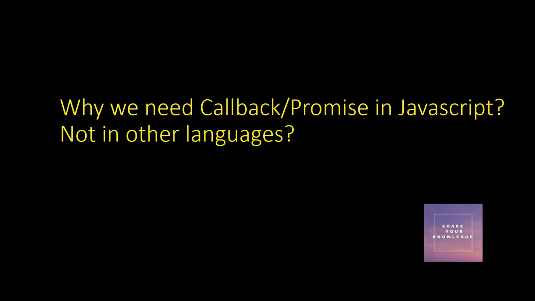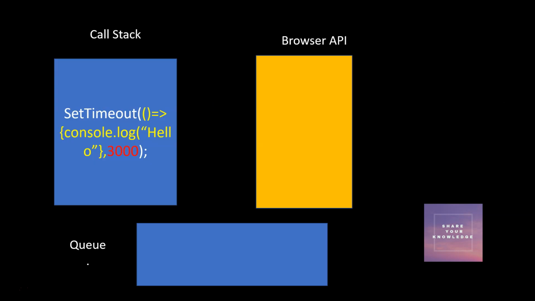Let me also try to make you understand with a simple example. Here I have setTimeout, and whatever I marked in yellow is a callback, and I have given 3000 milliseconds, because I want to print this hello after 3000 milliseconds. Just think for a second, is this possible if I imagine I don't have callbacks or promises?